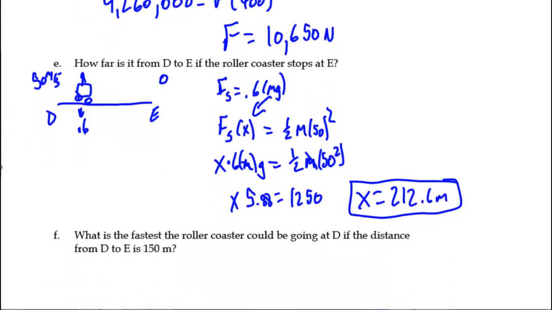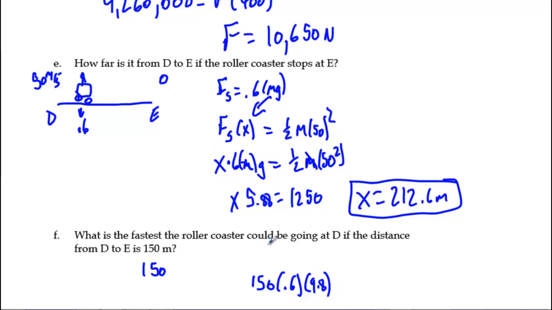Now, F is an interesting question. F says, what's the fastest the roller coaster could be going at D if the distance from D to E is 150 meters? Okay, well, if the fastest it can be going at D, so it stops in 150 meters, that means 150 times 0.6, our coefficient of friction, times 9.8 g.